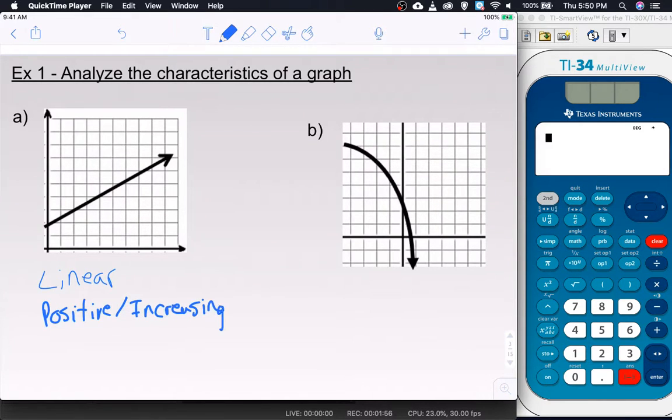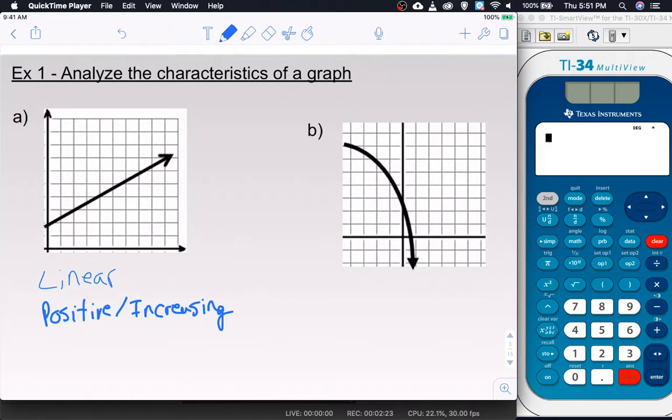I'm going to put both of those because they're interchangeable, and there are times where the description might use one or might use the other. Okay, so I have it's linear. I have that it's positive, it's going up, it's increasing over time. That's really about it. I mean, it's definitely a function. It's a linear function.